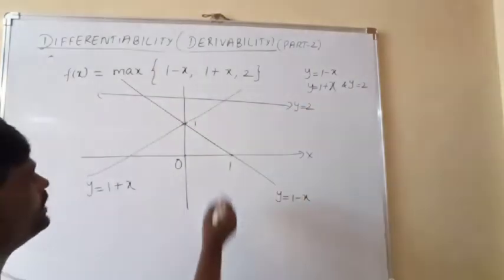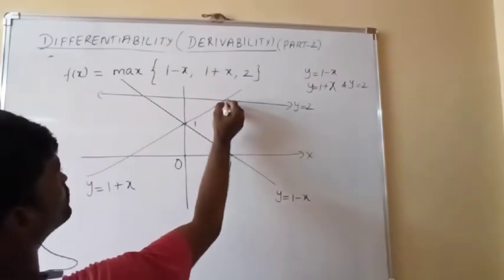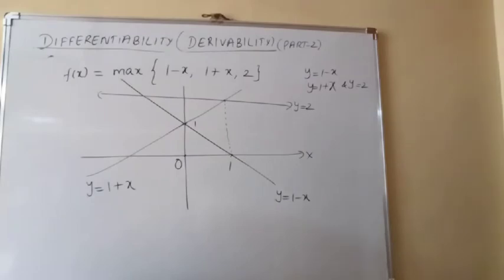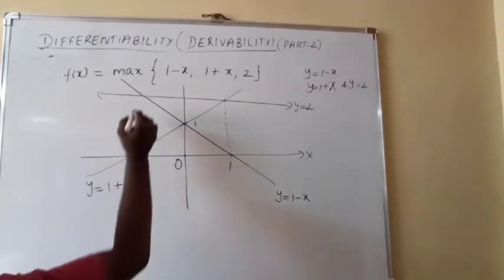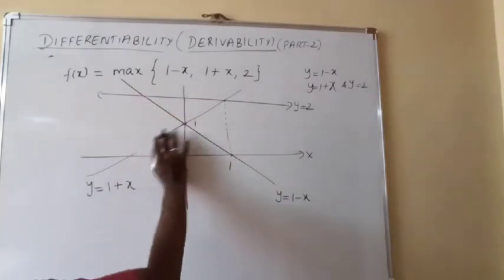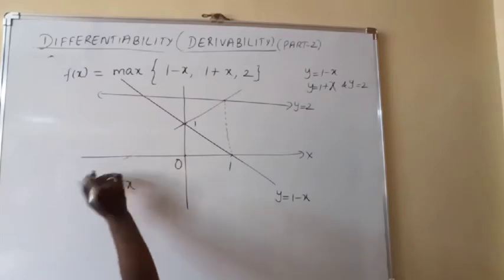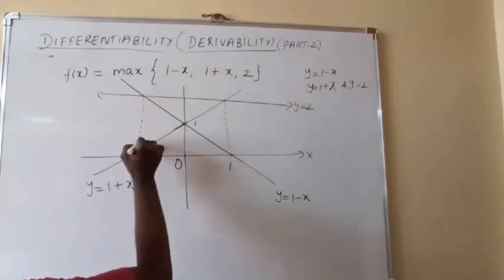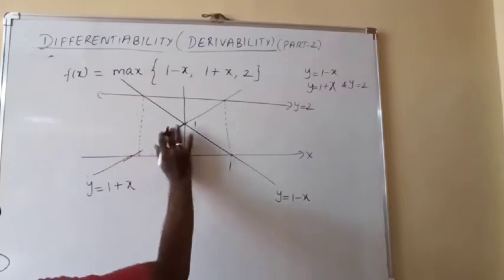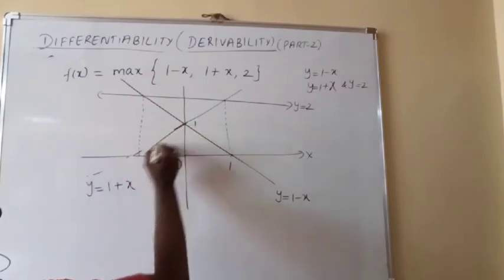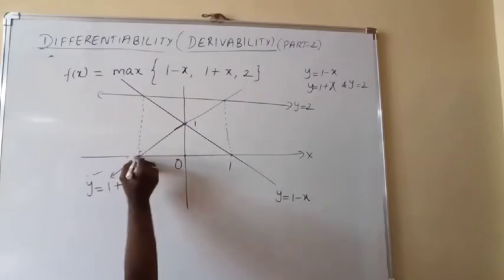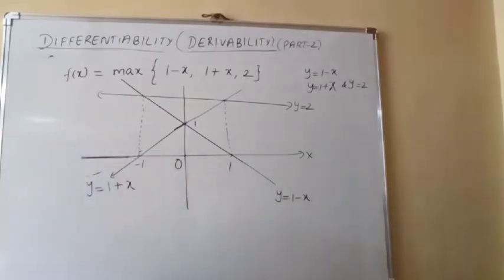Clearly, the y is equal to 2 line and the y is equal to 1 plus x line are intersecting at x is equal to 1, y is equal to 2. And the y is equal to 1 minus x line and y is equal to 2 are intersecting at x is equal to -1, y is equal to 2, that is (-1, 2).